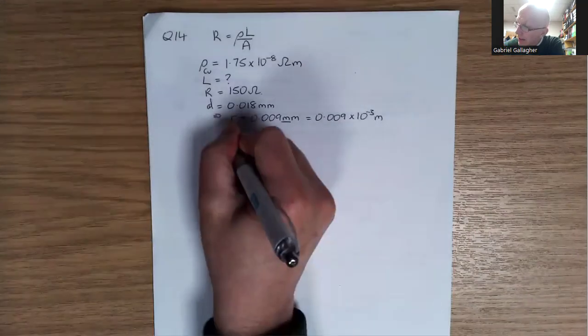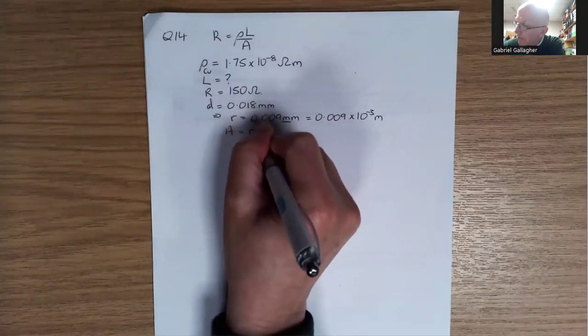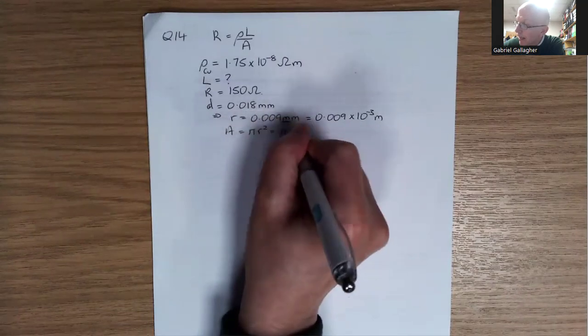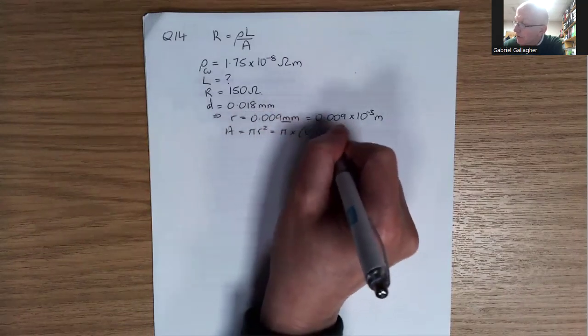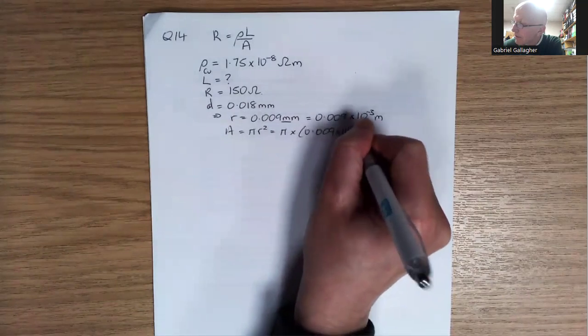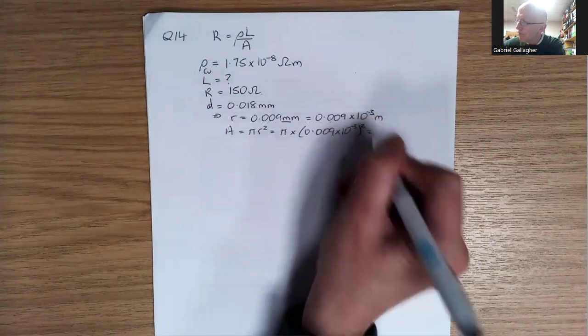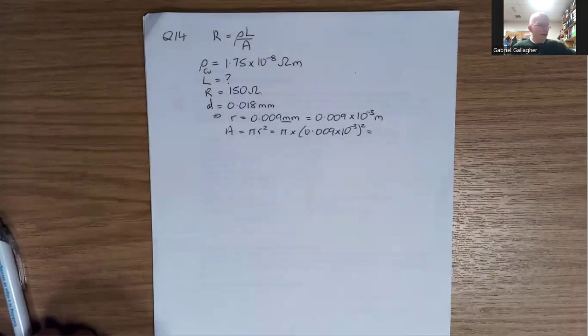A equals pi r squared, which is pi times 0.009 by 10 to the minus 3, all squared. So it's a very, very small number. You'll remember from the measurements we did on the Constantan wire that the cross-sectional area of that was very, very small.